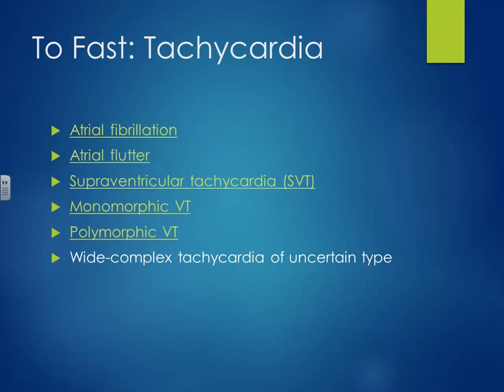So your too fast tachycardias: AFib. That's going to be AFib with a rapid ventricular response. AFib in itself is typically not going to cause a whole lot of issue until the ventricles are trying to keep up with the fibrillating atria.